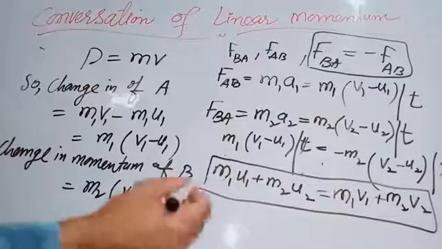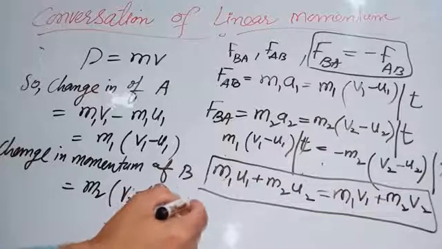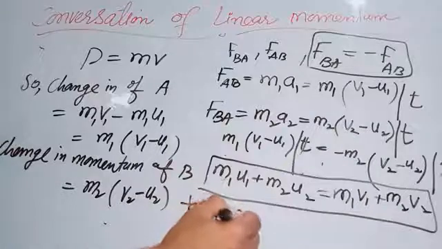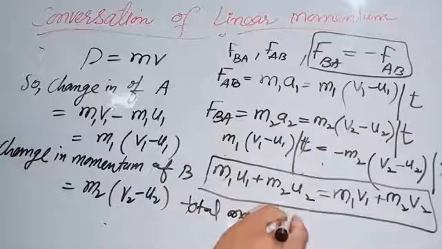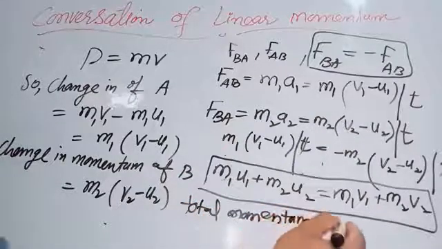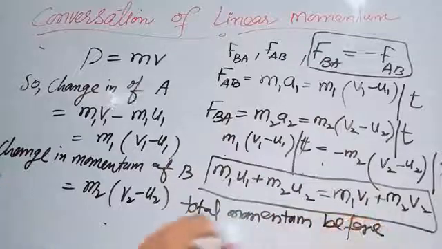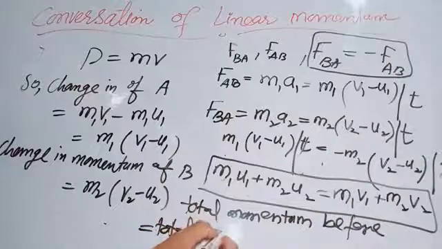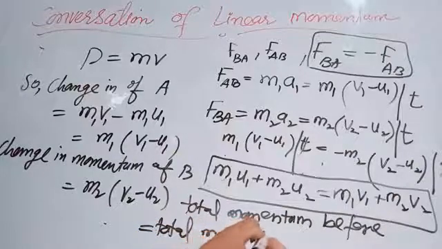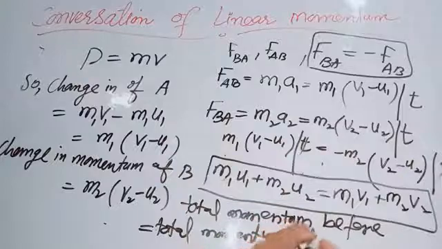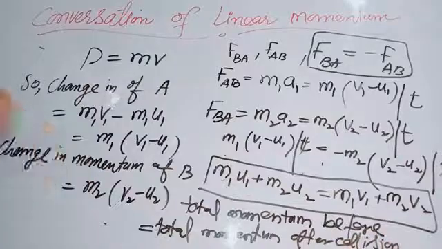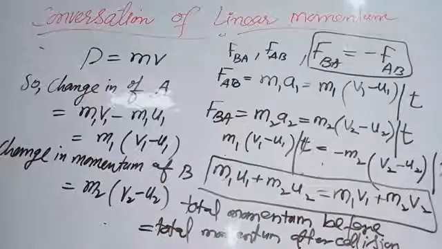So I can write in conclusion that the total momentum before collision is equal to the total momentum after collision. So this is the law of conservation of linear momentum.